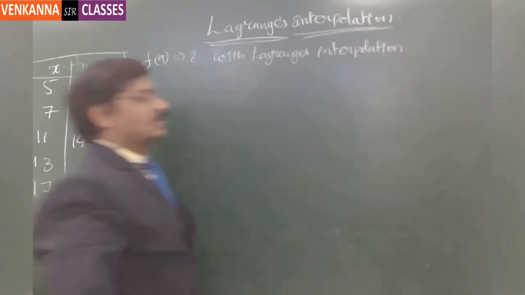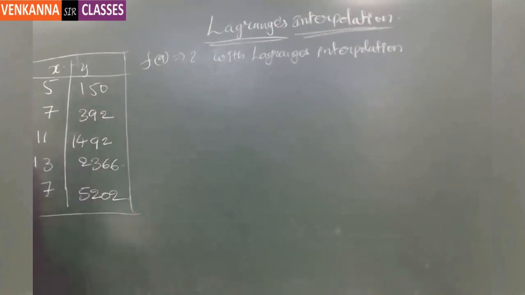So with the Lagrange's interpolation formula, we need to find out the unknown data point for f of 9.